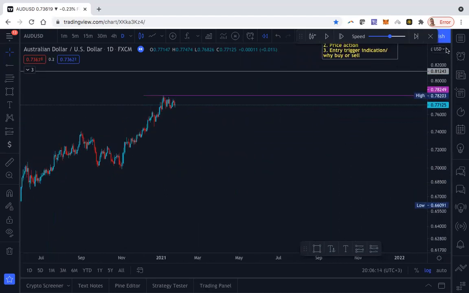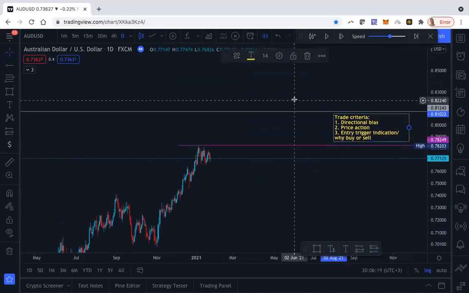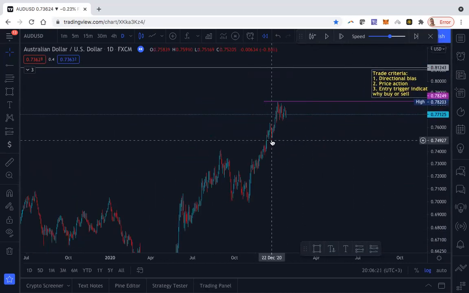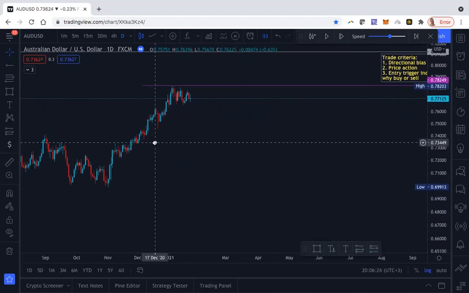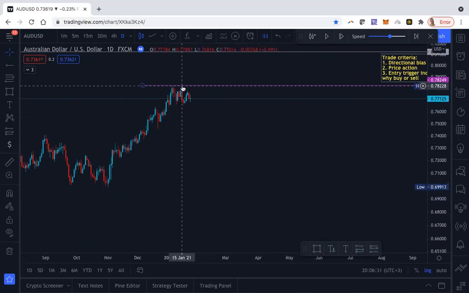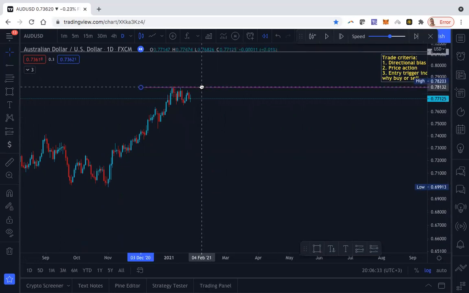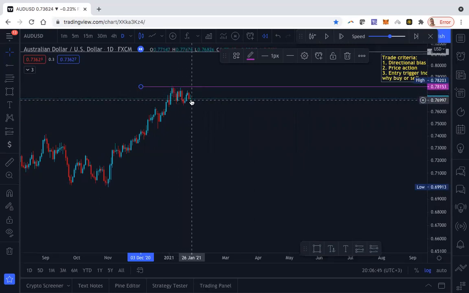Then, looking at it from a closer perspective and keeping in mind my trade criteria, I want to look at some price action to give me an indication of where price is headed. Right now, we've been bouncing off this level since we got here on 6th January this year, and this is where we're at on the 25th of January.